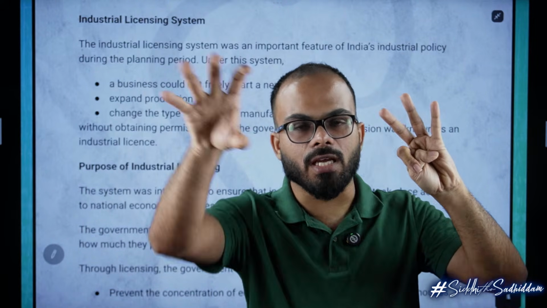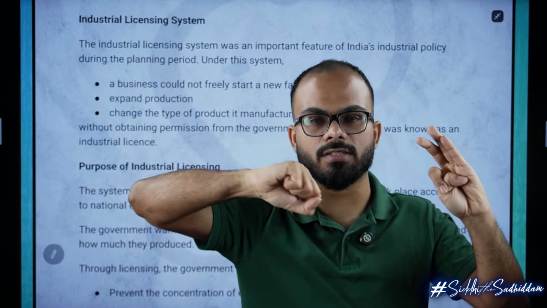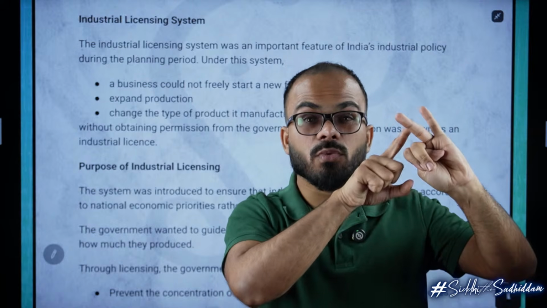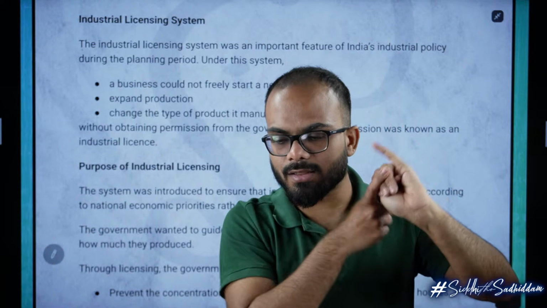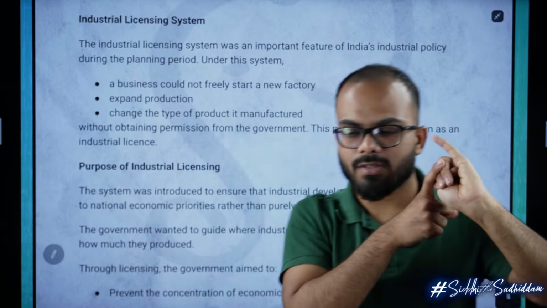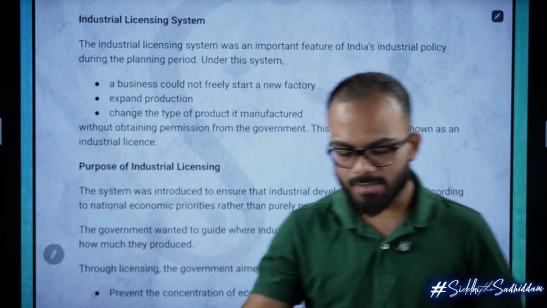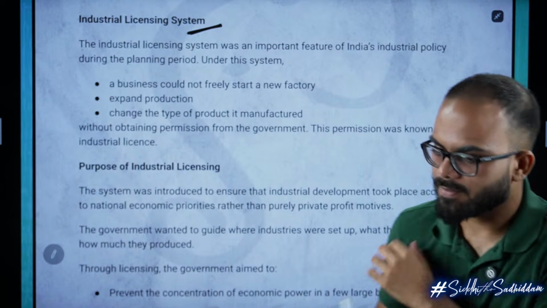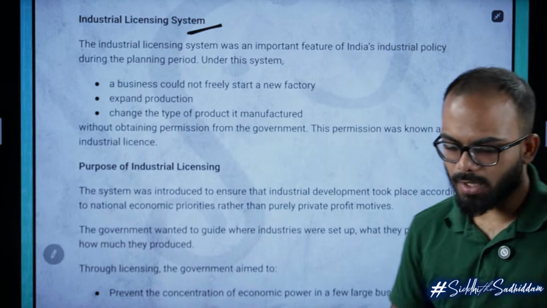You want to do an acquisition, let's say we are an organization and we want to buy another organization, take a license. If you want to expand production, take a license. For every single thing, you have to take a license. This policy is called the industrial licensing policy.